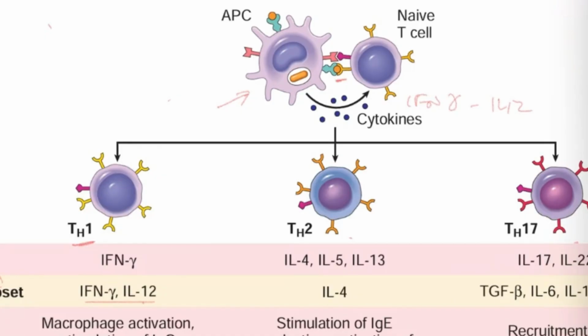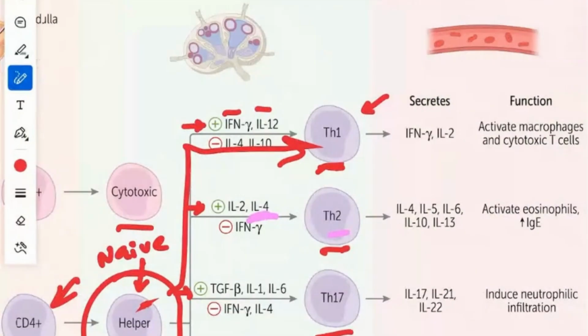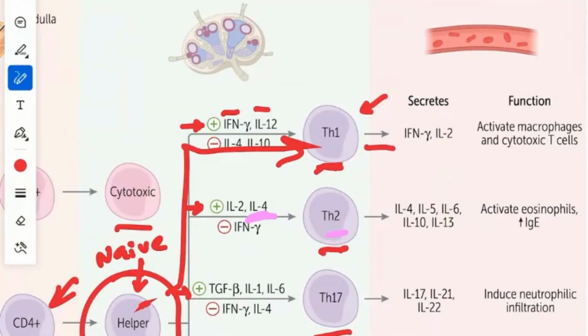And then when it becomes a Th1, this Th1 cell will go on to produce interferon gamma and interleukin 2. So we're just talking of Th1 now. The interferon gamma and interleukin 12 from the APC will induce the naive T cell to become a Th1 cell.